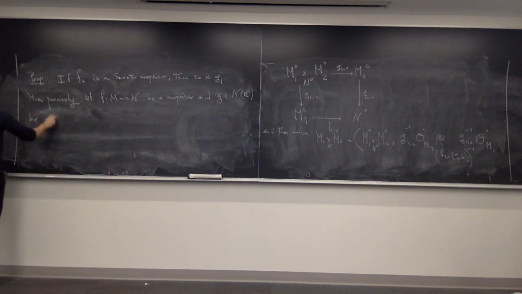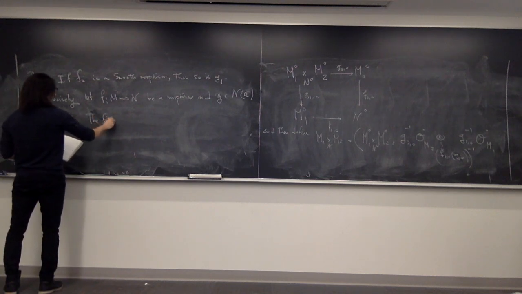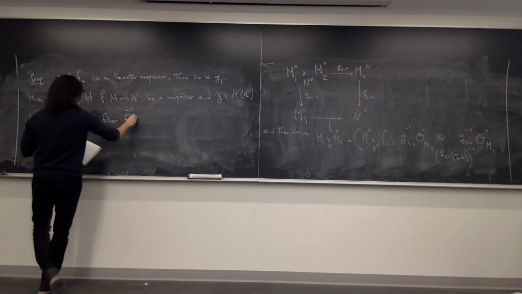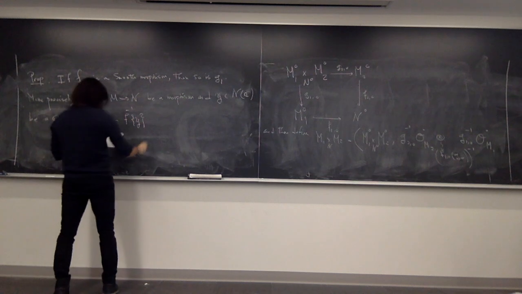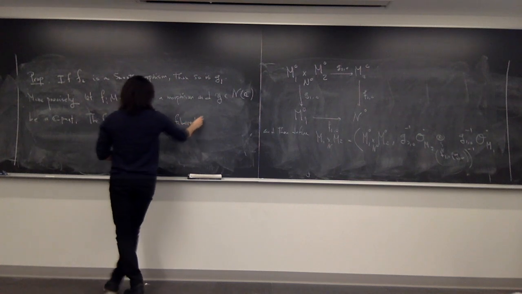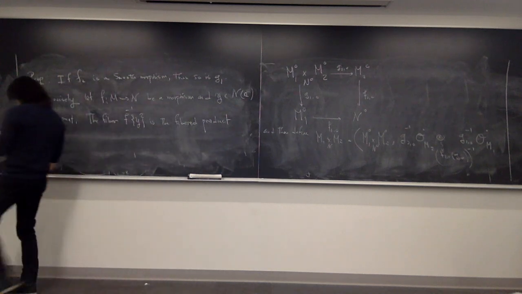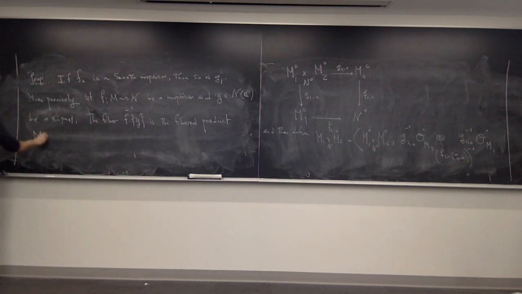I guess we are assuming that we are working over C, but any field of characteristic 0 works. So the fiber F inverse of this point Y is the fiber product M times Y over N. Of course.